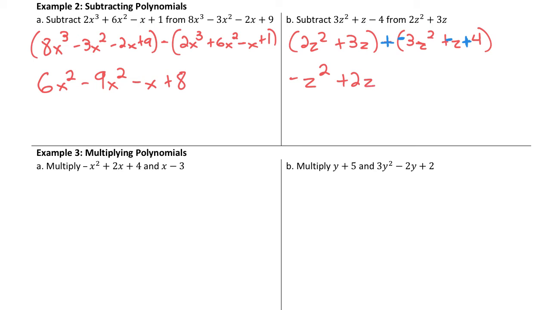And then this part's a little tricky, but there's no term here, and there's plus 4, so this is positive 4. So it's kind of like 0 plus 4. Okay, so adding and subtracting, all it is is combining like terms. That's all it is. It's just whether you're adding or subtracting those terms.